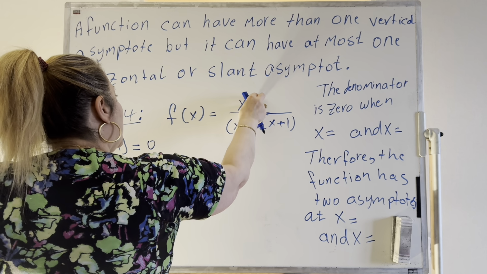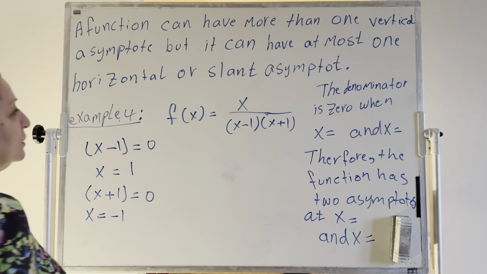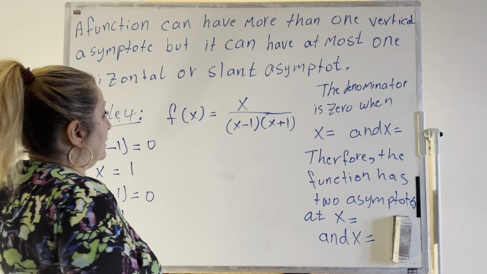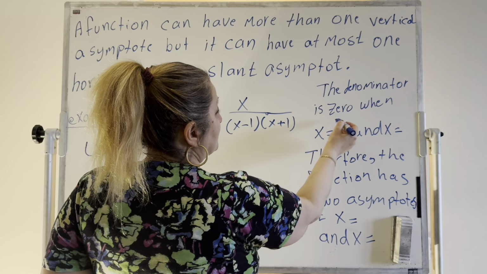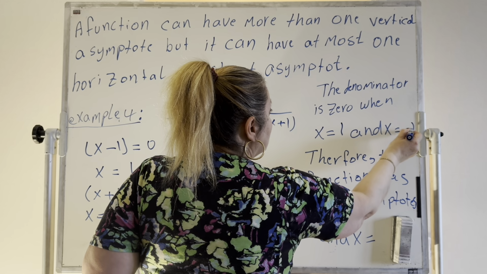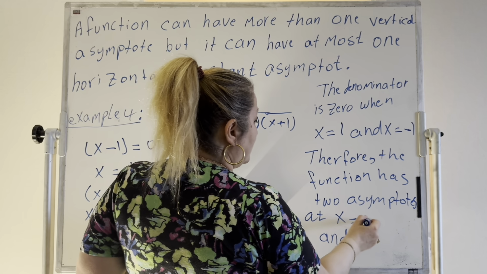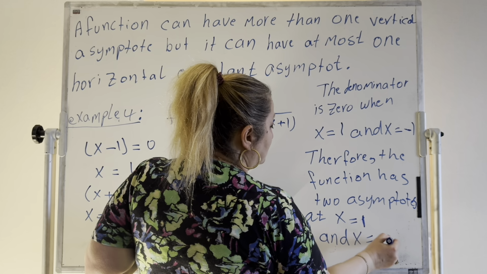When I have a number in the numerator, not 0, but I have 0 in the denominator, the function has an asymptote. And this function has two asymptotes, as the denominator is 0 when x equals 1 and when x equals minus 1. Therefore, the function has two asymptotes at x equals 1 and at x equals minus 1.